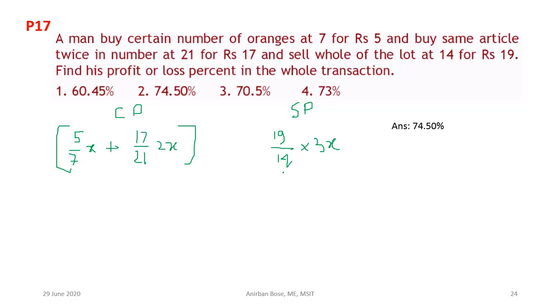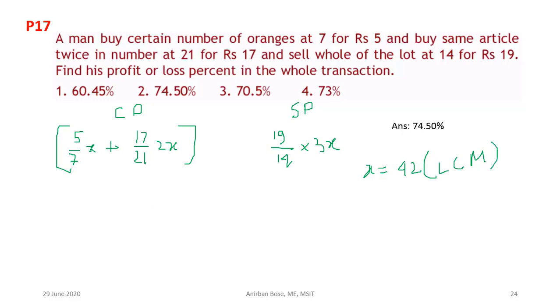So 7, 21, 14, what is the LCM? So LCM is 42. So let us assume that x is equal to 42. Why 42? Because this is the LCM of 7, 14, 21, these quantities which are in the denominator.